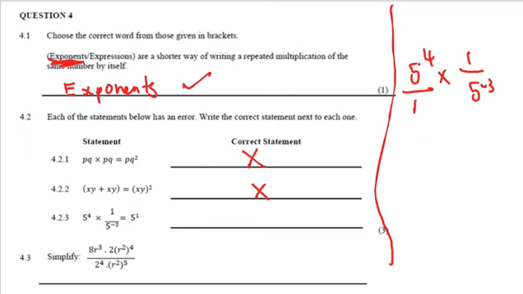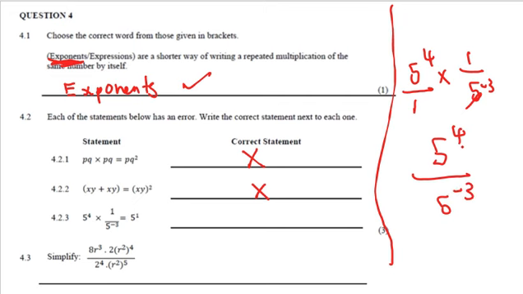Okay, so 5 to the exponent 4 times 1 is 5 to the exponent 4, right? Then divide that by 1 times 5 to the exponent negative 3. It's gonna give you back the same thing.